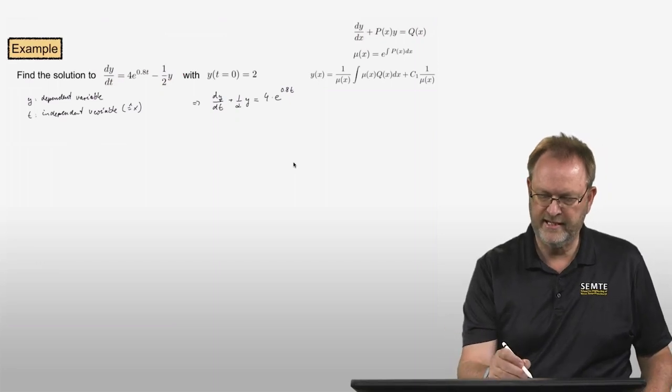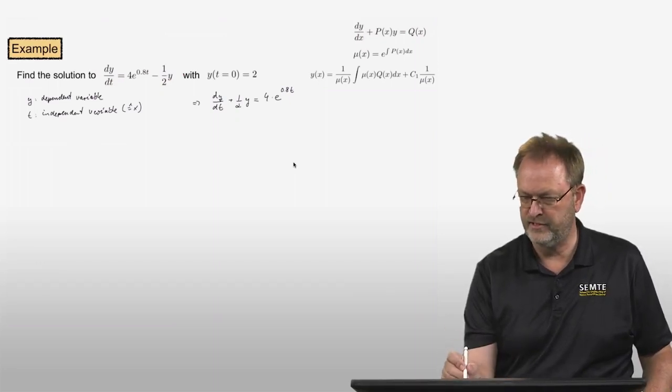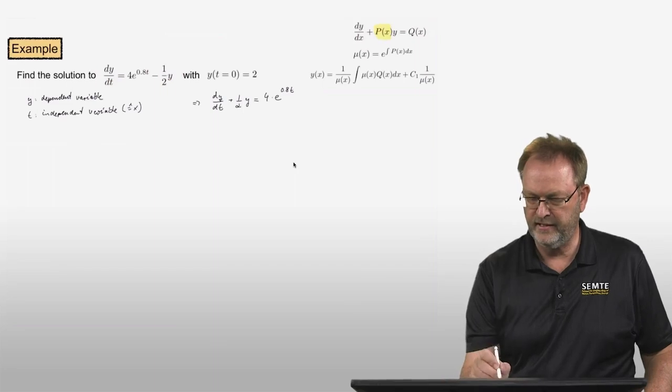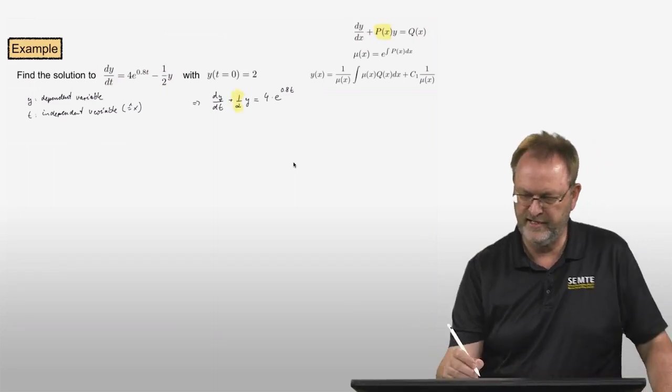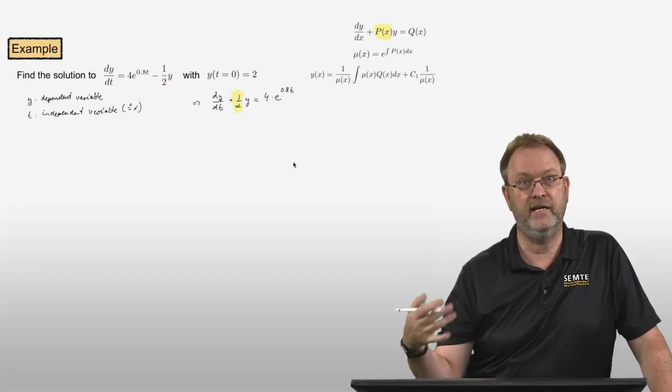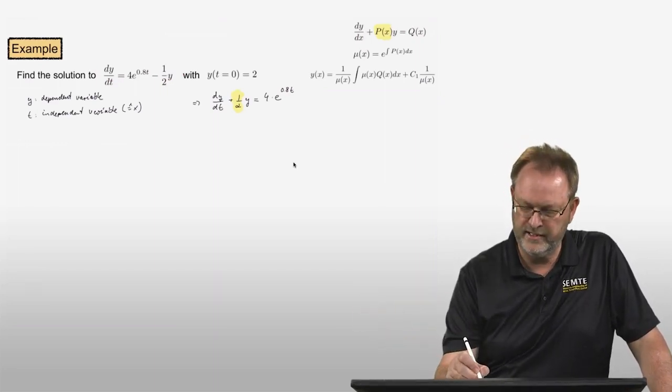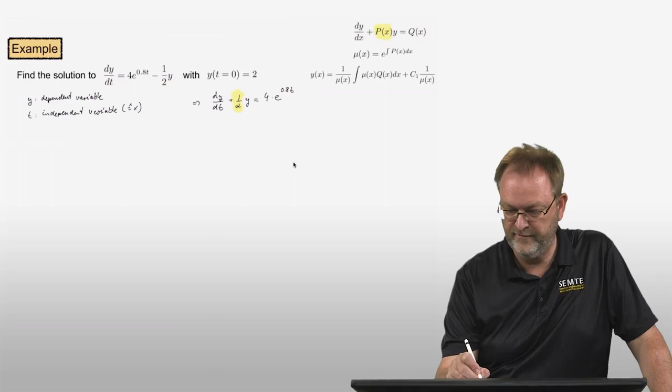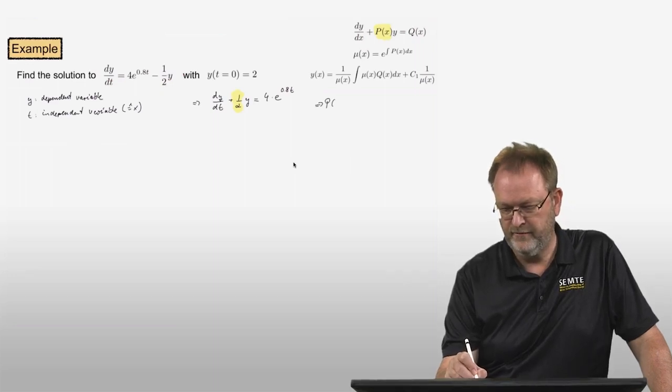And now we can go in and identify the individual components. So we have this p here, which would be this guy over here. So we can identify in our naming, right, the variable name for the independent variable is t. So we have p of t is equal to just 1/2.